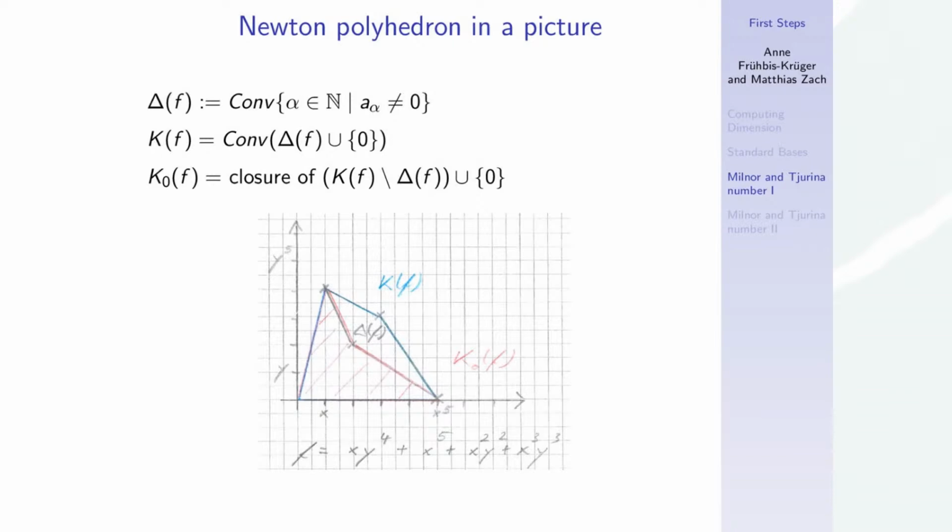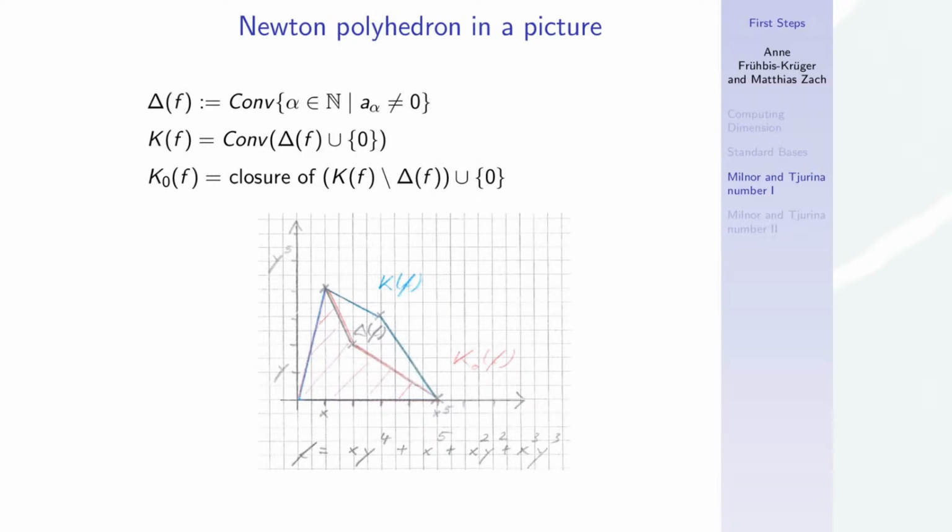And if we take the convex hull of that, then we get this quadrilateral here, which I named delta of F. Now, we have to add the origin, and take the convex hull again. This gives us this object with a blue boundary.